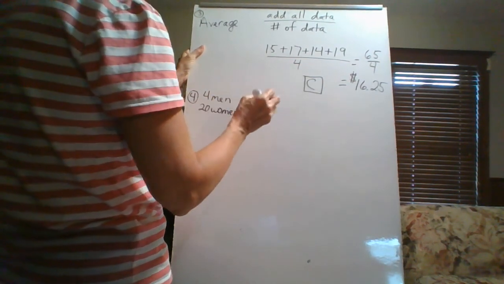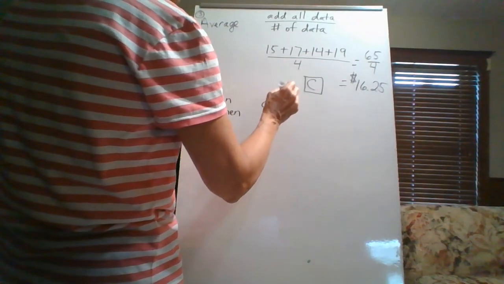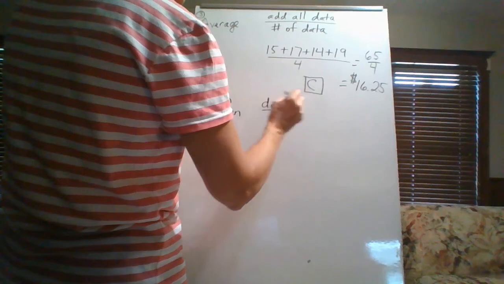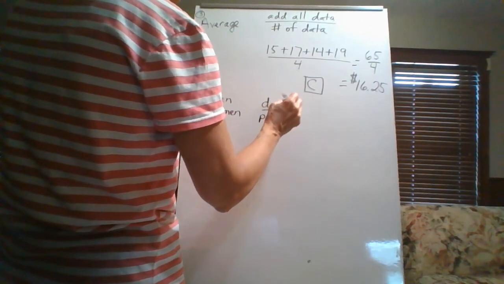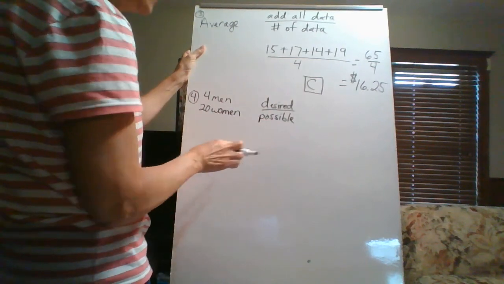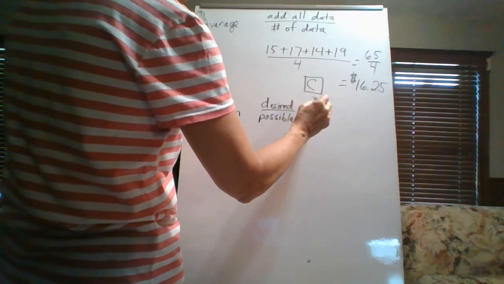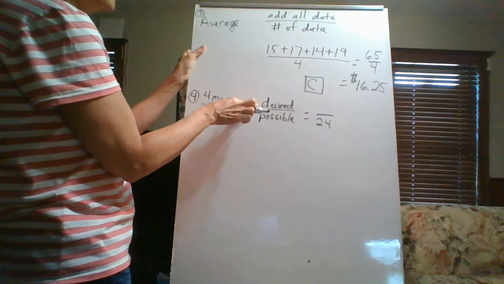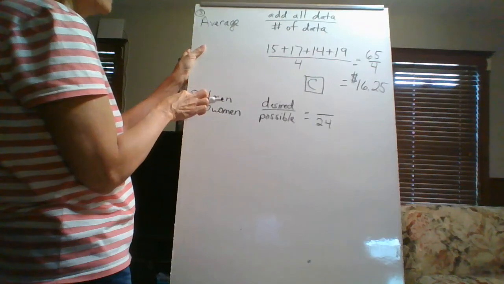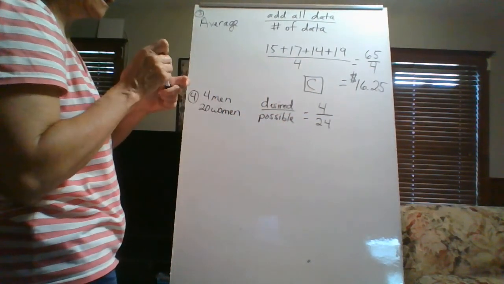Okay, so remember, on probability, it's whatever you're wanting, the wanted or desired outcome over the possible outcomes. All right. Well, how many possibilities are there? 4 plus 20. There's 24 people we're drawing from, so there's 24 possibilities. What I want, though, is a man, so 4. So 4 over 24.